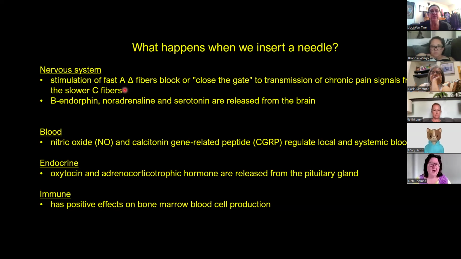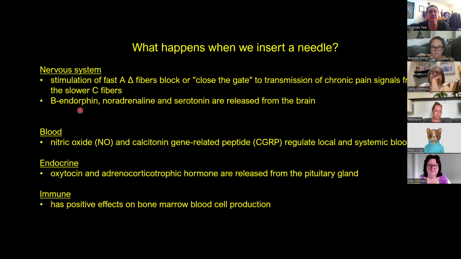And the A delta fibers are very fast. And so they actually go up into the spinal cord and they block the transmission from the slower C fibers. So it's called the gate theory, or they close the gate. So they prevent the body from recognizing those chronic pain signals.